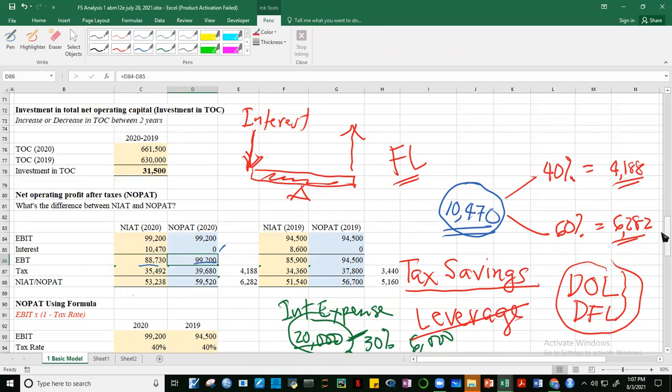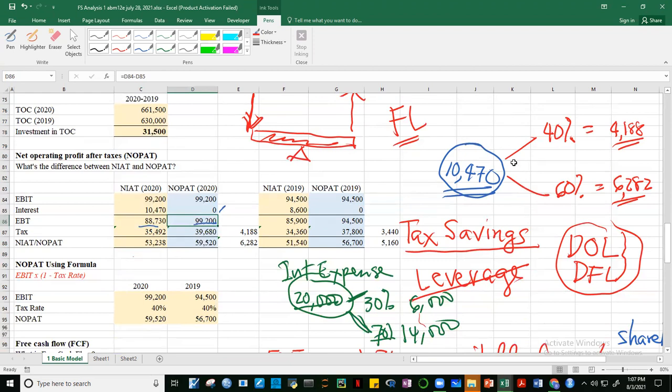So guys, if we know the interest expense, we can find the difference between NOPAT and NIAT by multiplying the interest expense by 1 minus the tax rate. That is the residual. So the difference between NOPAT and NIAT is 6,282, and not 10,470, which is the interest expense.